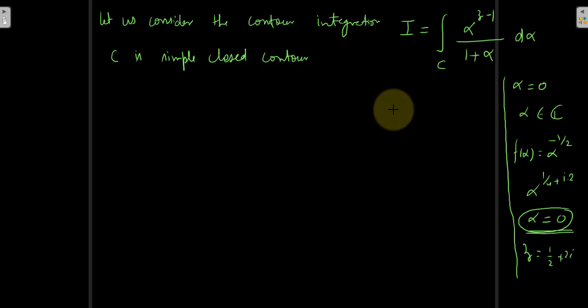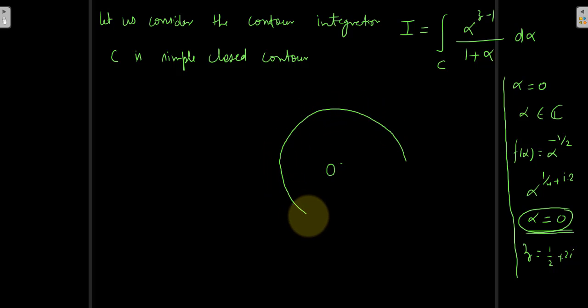Okay, so now let it be O, the complex number z equals 0, and let us form a circle around it. Okay, and do not close it, right?